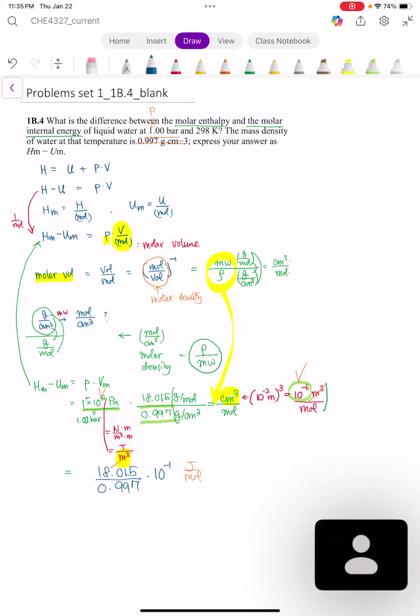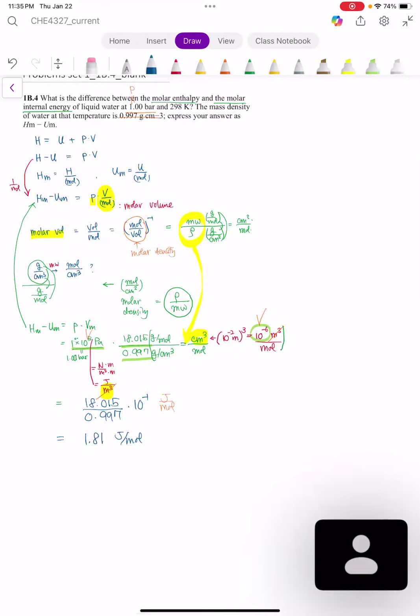If you plug these into the calculator, you get a number slightly more than 1.8015, and it ends up being 1.81 joule per mole.